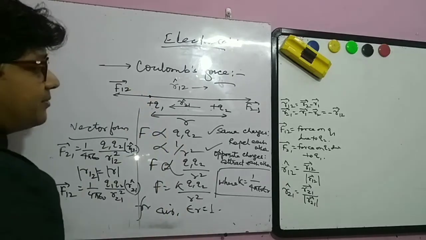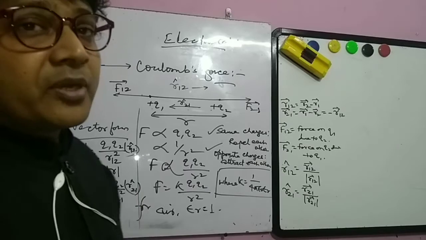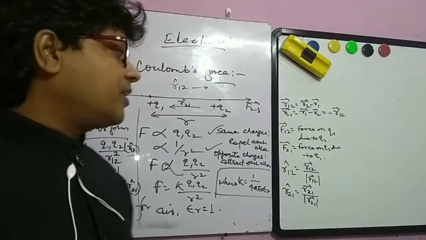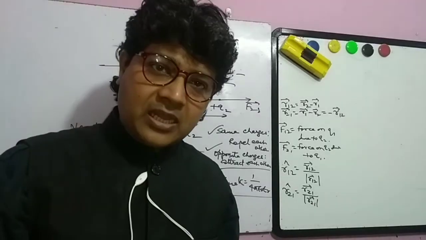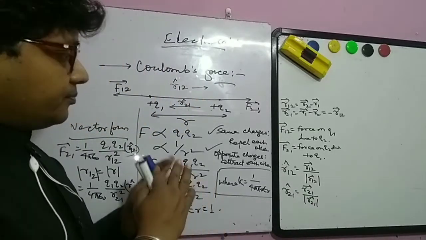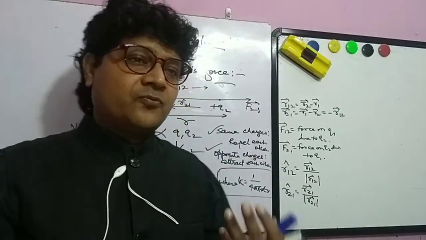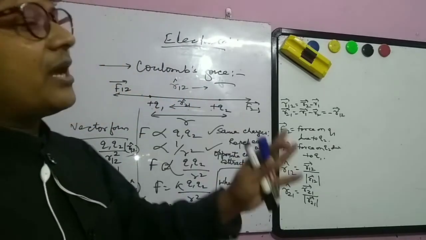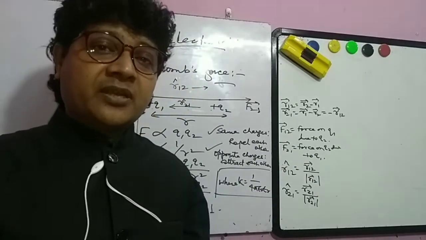Now the same concept we have to apply to solve our numerical problem. So I would like to take here few examples and I'll solve them so that we can learn the concept, what is happening here and how we have to solve any problem, right?